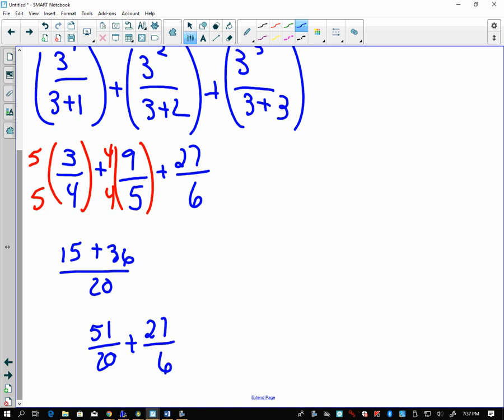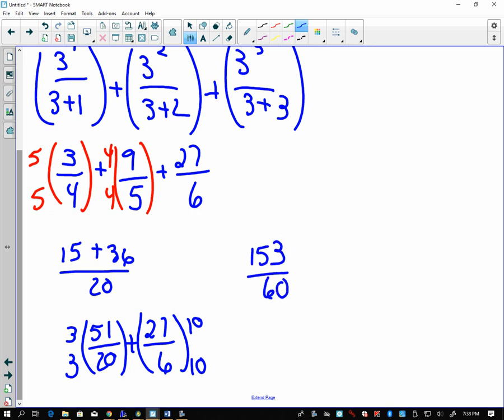Okay, well, both those numbers will go into 60, right? So I can multiply that by 3 over 3. Multiply this by 10 over 10. Okay, let's see. 3 times 51, 153 over 60 plus, what is that, 270 over 60?